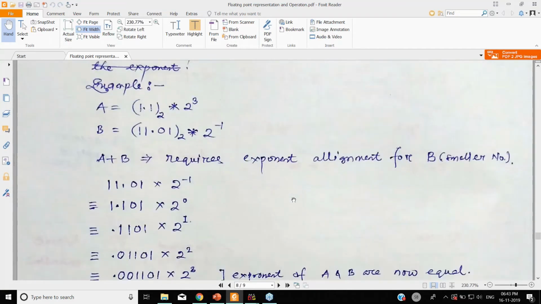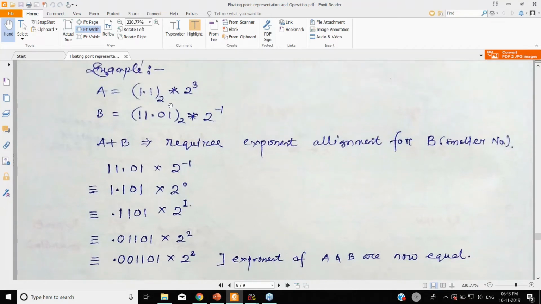We can do this with an example. An example will be a better illustration for the concept here. Again, we take A and B. Again, we need to align the exponent, so we can do the multiplication.